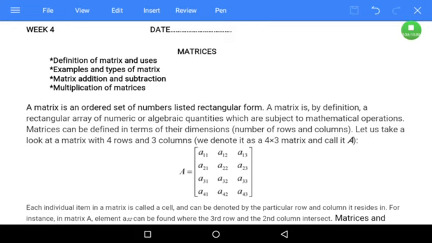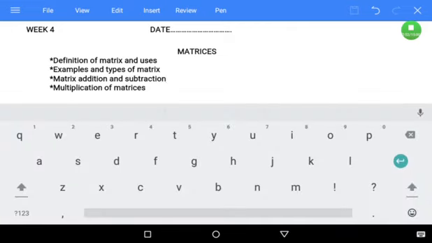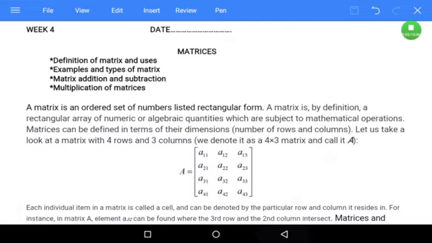Now, matrices can be defined in terms of their dimensions, that is the number of rows and columns we have. For instance, if a matrix has 3 rows and 4 columns, we say this matrix is a 3 by 4 matrix. Do you understand? So the number of rows and columns are used to tell us the kind of matrix, or naming the matrix.